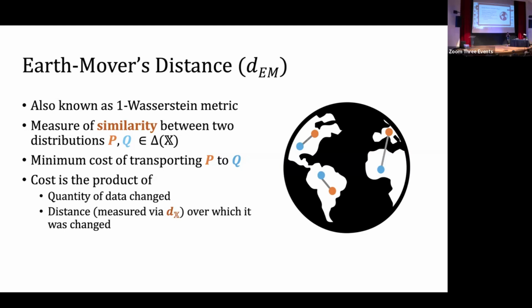And this distance is measured by any underlying metric. Now, the picture shown on the right is an illustration of the Earth mover's distance. The blue dots and the orange dots represent two distributions, and they are paired together in a way that minimizes the Euclidean distance between them.